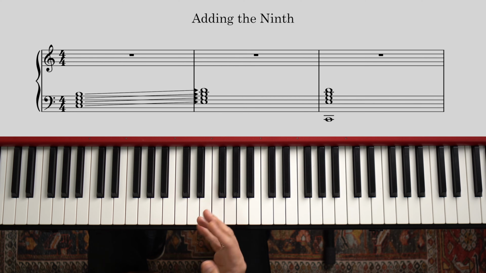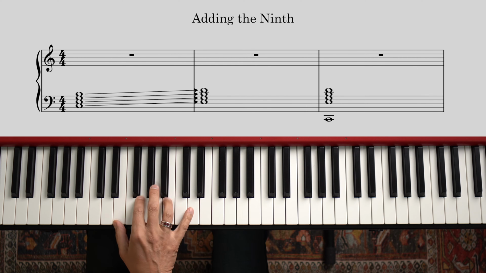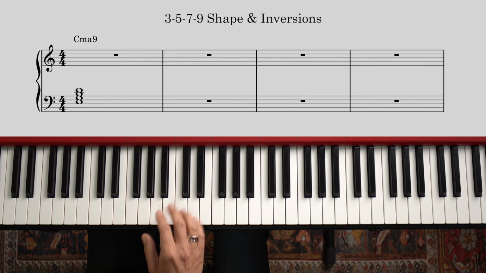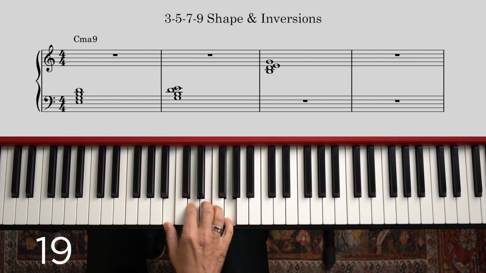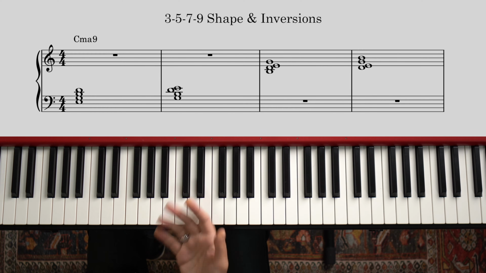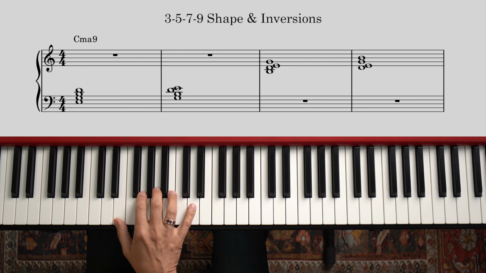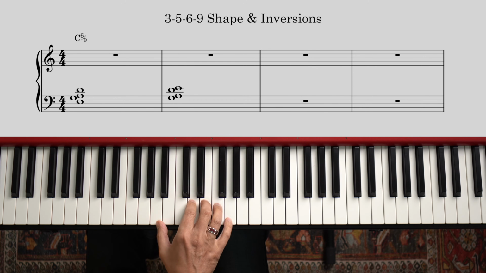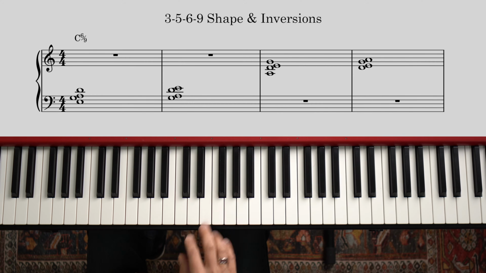So we got our basic 3, 5, 7, 9 shape, which we can also invert. And here's the same thing with 6 instead of 7. And once again, we can play all these close position 9th chord shapes in drop 2.